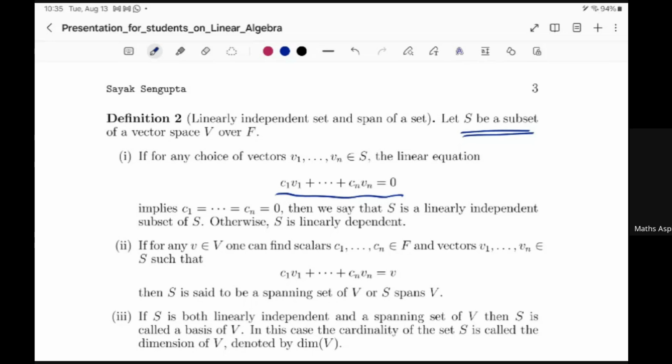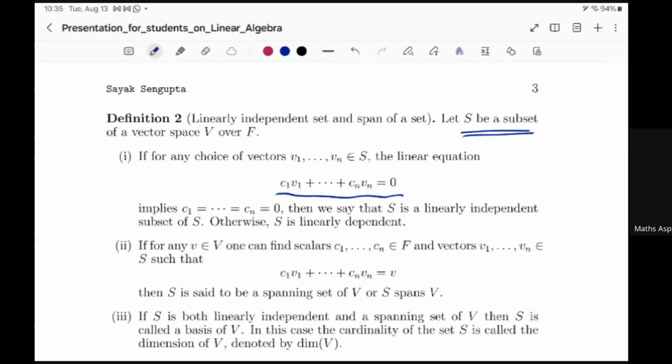If that happens for a finite set S containing the vectors v1 up to vn, then we say that S is a linearly independent set or a linearly independent subset of the vector space V.